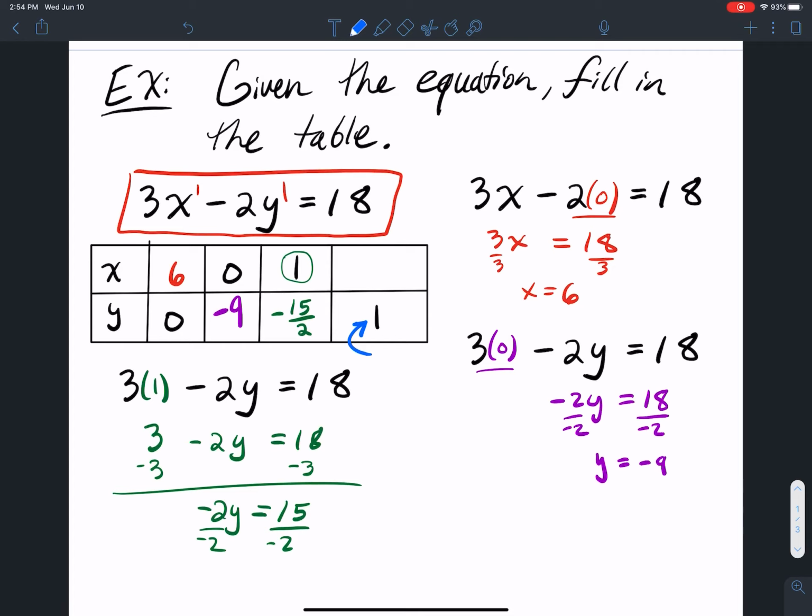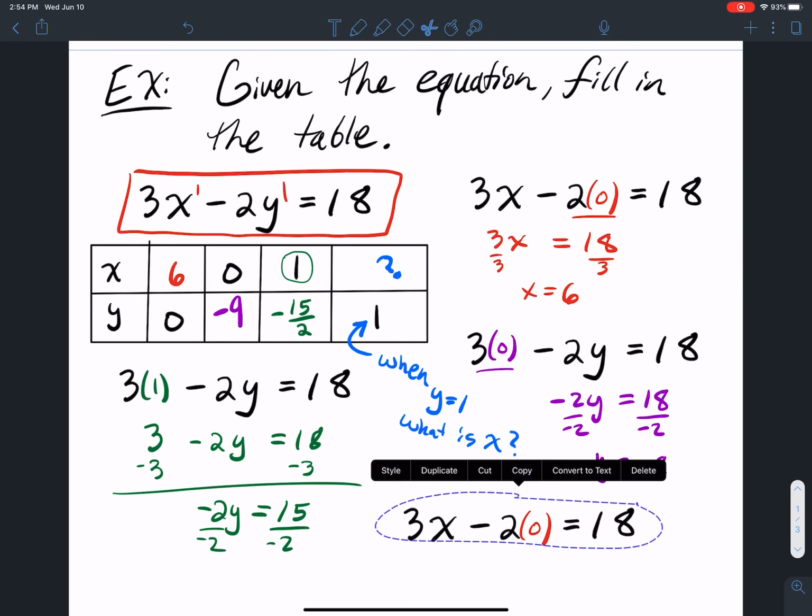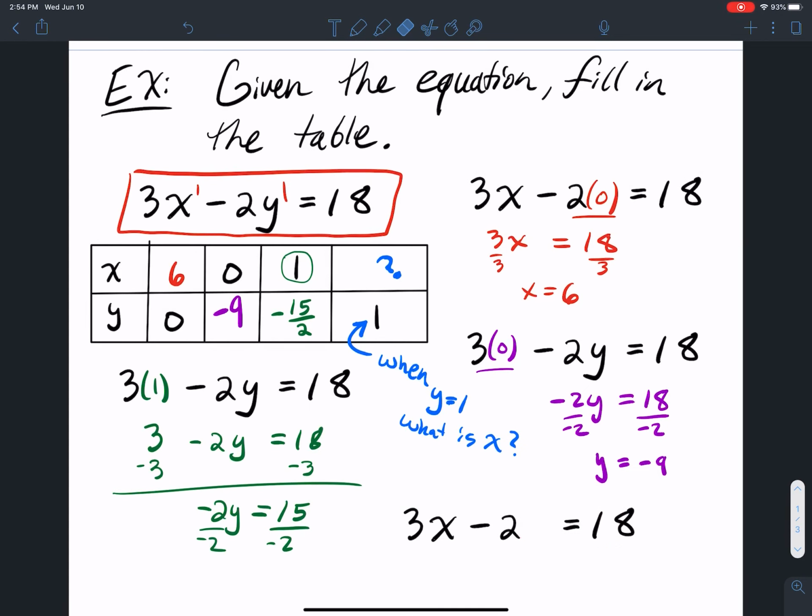So the last one here, it says when y equals 1, what is x? That's what we're trying to figure out right here. So once again, I'm going to take my equation and replace y with 1.